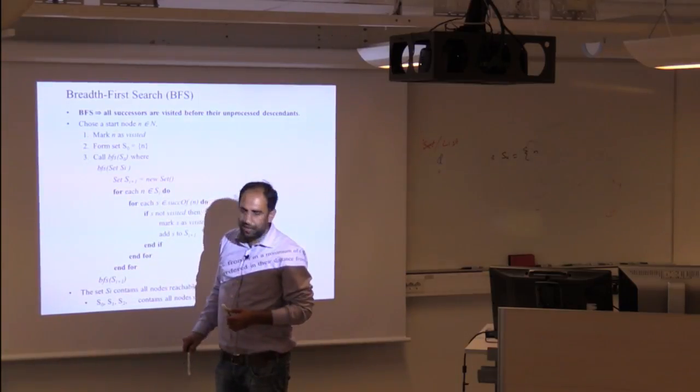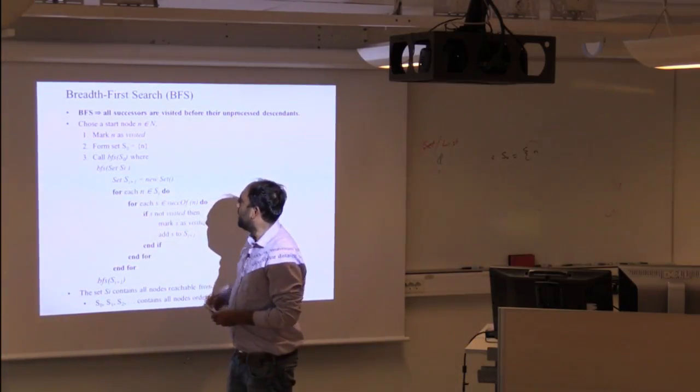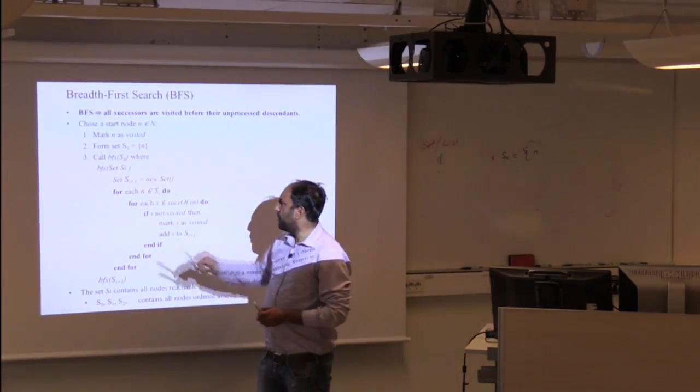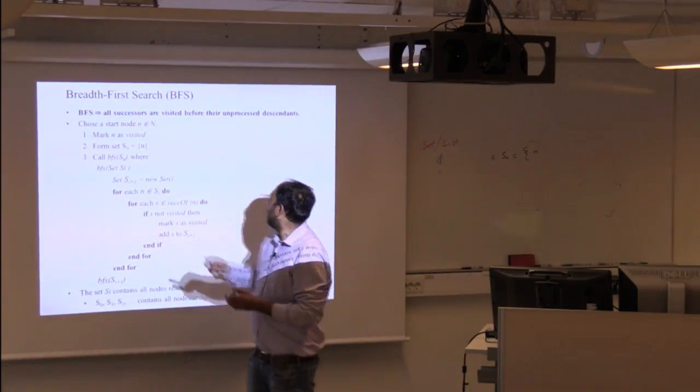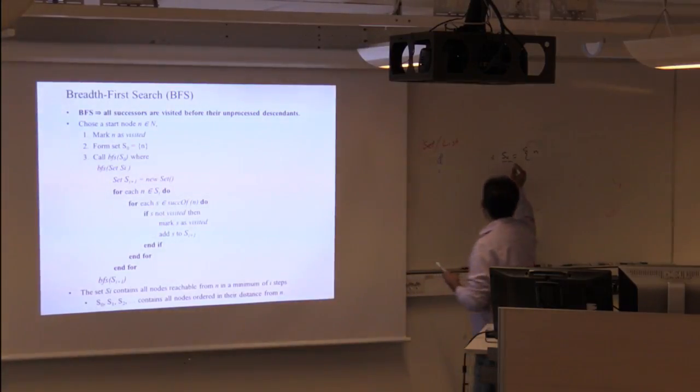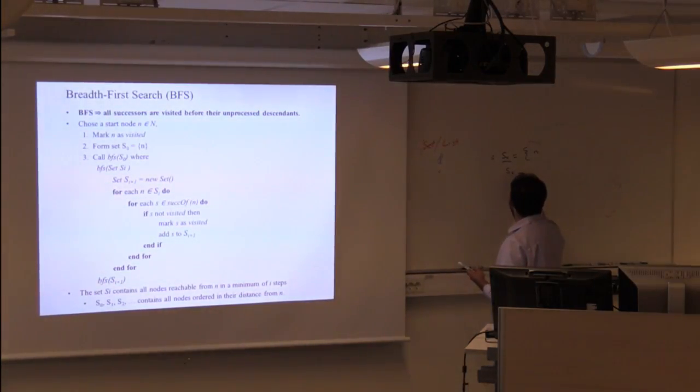as an input parameter, and then within that method you define another set. For example, if this one is a set S0, then you create 0 plus 1, which is S1 in simple terms.